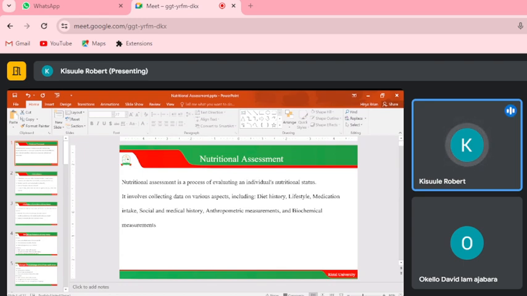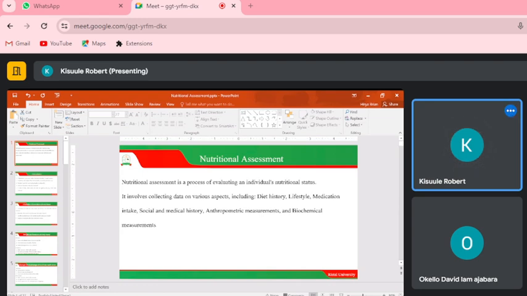We have underweight, overweight, obese, the normal nutrition status, etc. It involves collecting data on various aspects, including the dietary history, lifestyle, medication, medical intake, social and medical history, then the anthropometric measures, and the biochemical measures, or we could call them laboratory tests. Here we are looking at the body fluids that we are trying to assess for nutrient deficiencies, such as iron under the HP test, etc.